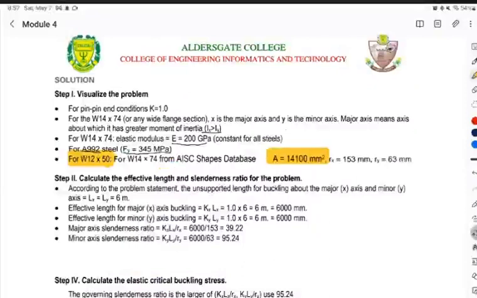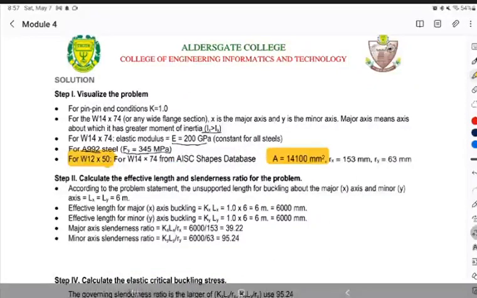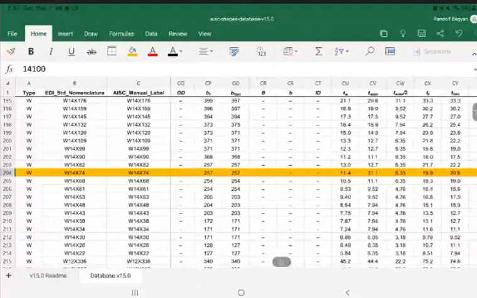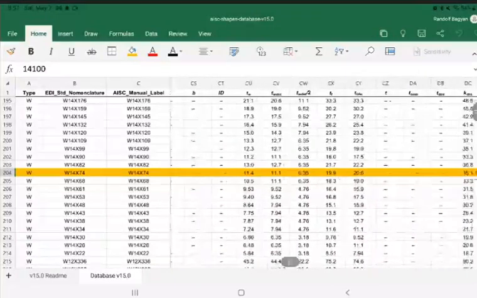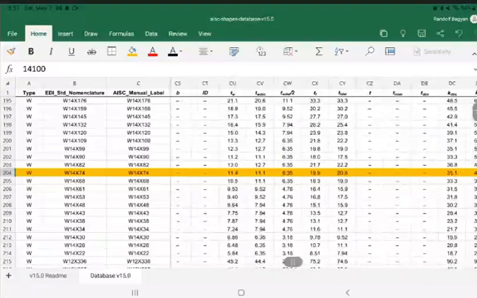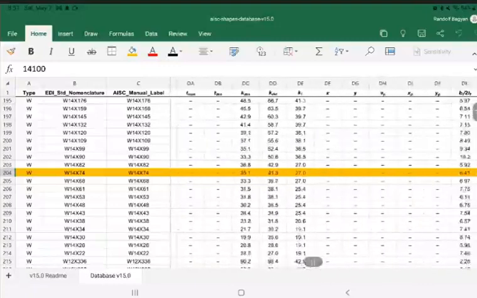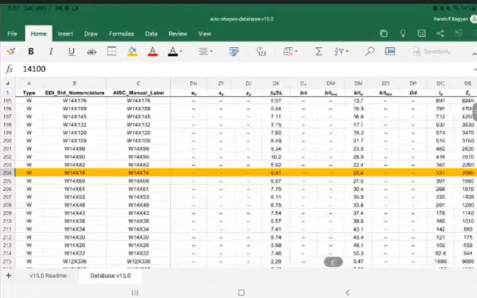So, since in our section database, nakalagay naman na doon class, kung ano yung R sub x and R sub y natin. So, we do not have to get I sub x and I sub y. Meron na dyan R sub x and R sub y. Okay, saan ba yun mahanap, sir?